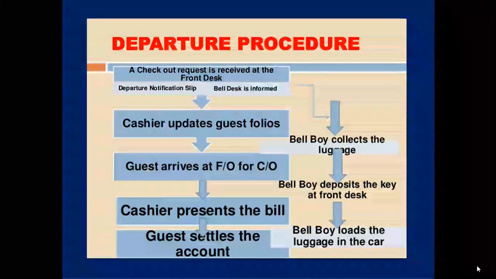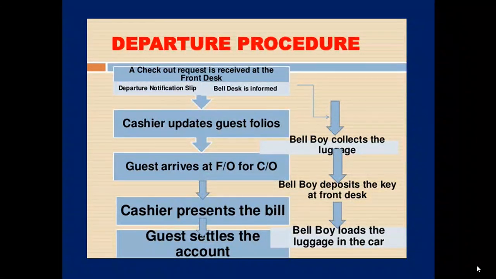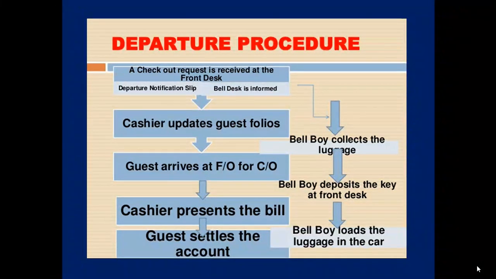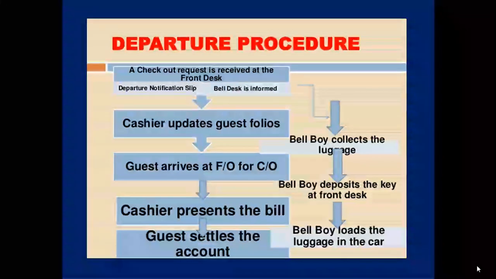Now we are moving towards cashier updates guest folio. As soon as the departure notification slip is dispatched through the internet, which is integrated to all the point of sale areas, they start posting all the credit transactions of a particular guest to the guest folio.